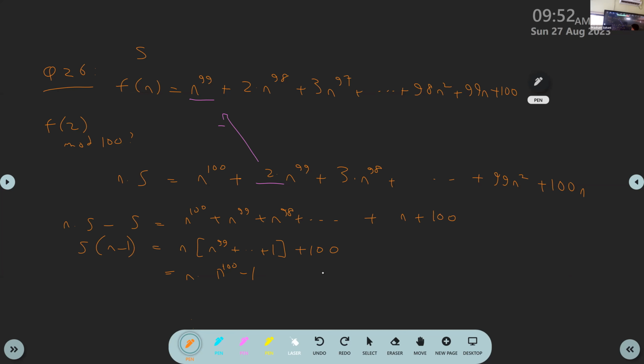Okay, so this is what we get as S, right? S into n minus 1. So S will be the whole thing upon n minus 1.